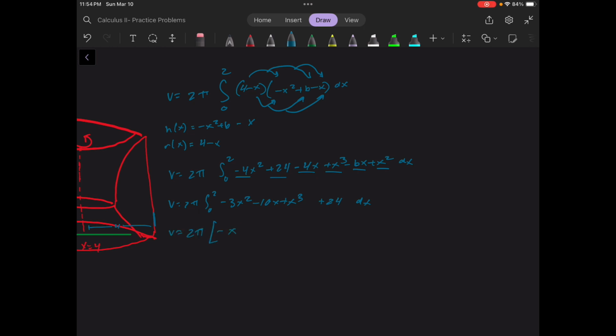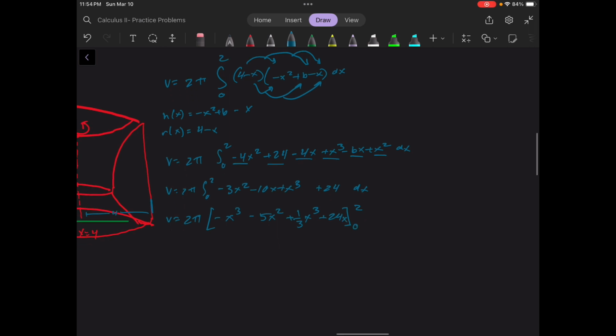When we integrate it, it's going to be negative x cubed minus 5x squared plus 1/3 x cubed plus 24x. Evaluating that at 2 and 0.